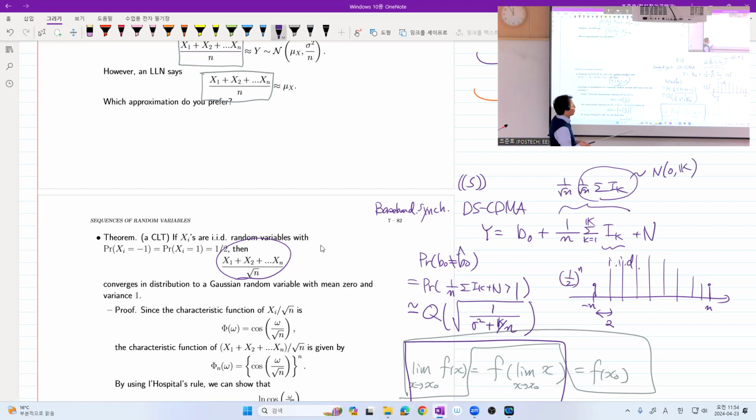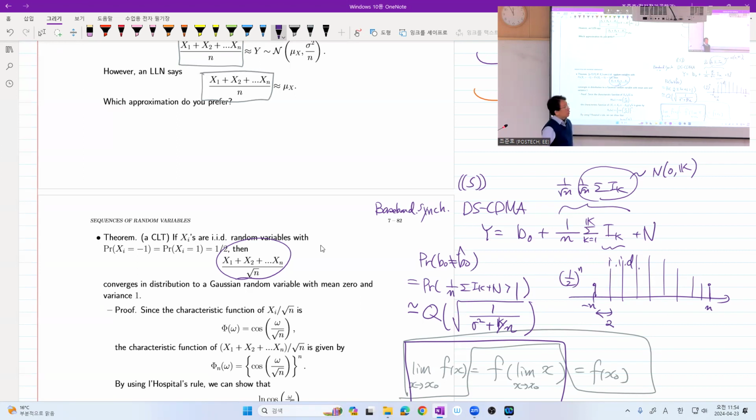And then, what is the good approximation to this term? Gaussian with zero mean and variance capital K divided by N. That's why you have that term. So this Gaussian has variance sigma square, and that Gaussian approximated term has variance K divided by N square.